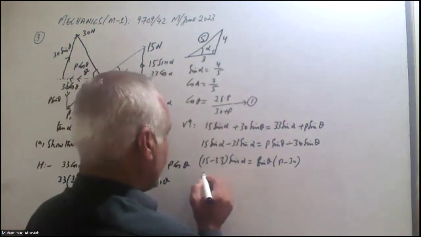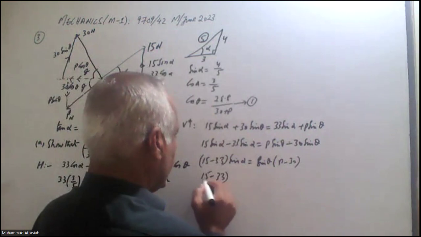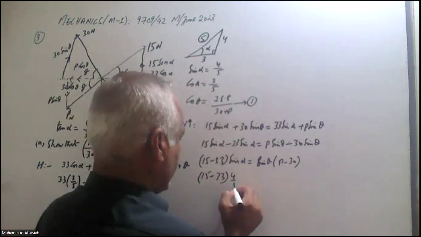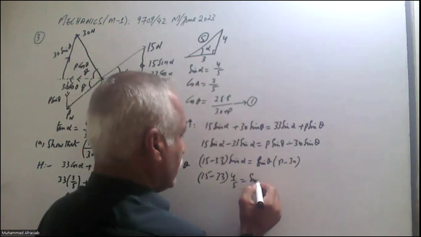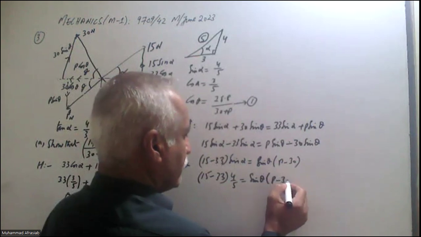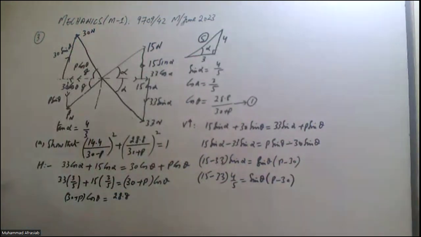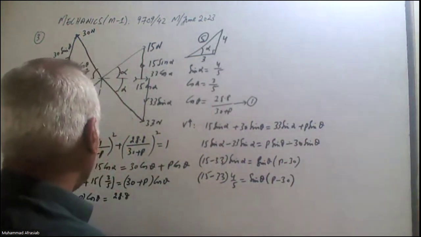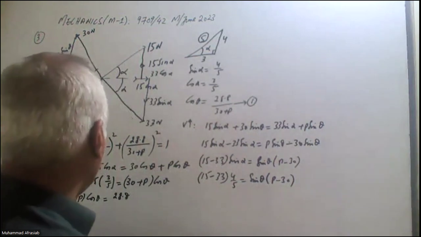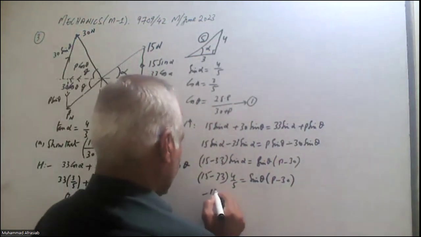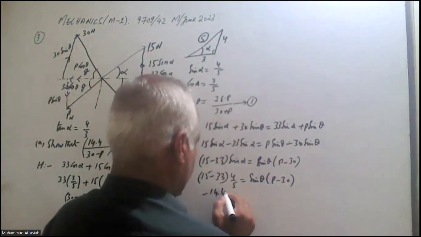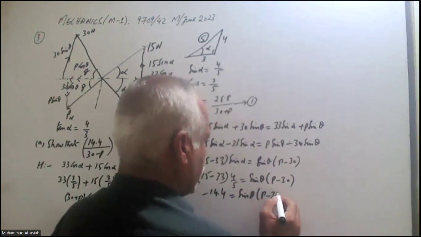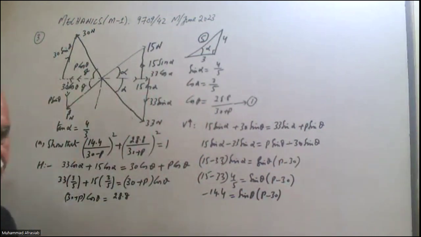So sine alpha is basically equal to 4 over 5. That thing is equal to sine theta into P minus 30. So this value is basically equal to minus 14.4, which is equal to sine theta into P minus 30.